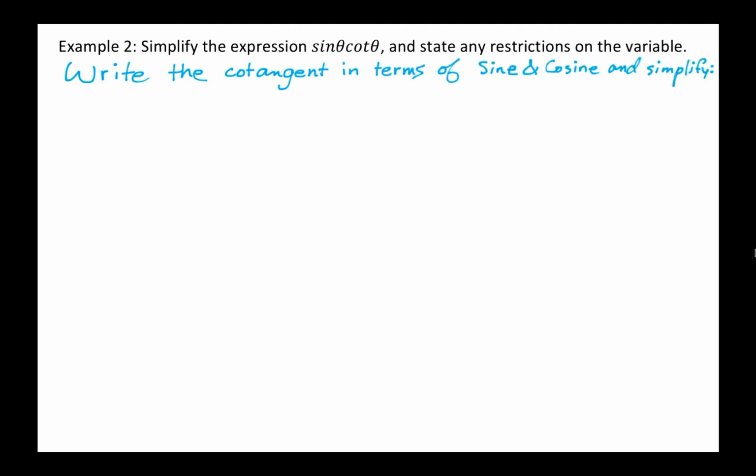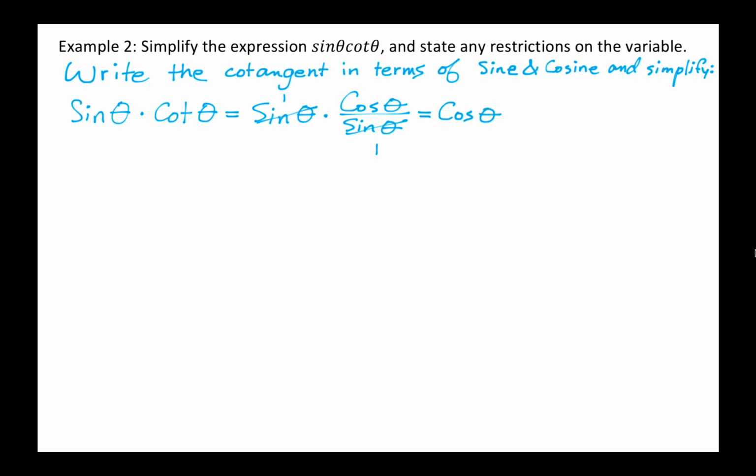So last thing, we're going to take a look at how we can use identities like these to do some simplification. So here we have sine theta times cotangent theta, and then we're also going to look at restrictions. So if we write the cotangent in terms of sine and cosine and simplify, this is what it would look like. We've got sine theta times cotangent theta, which is sine theta times cosine theta over sine theta. There's a common factor of sine theta that's going to divide out there, and we're left with just cosine theta.